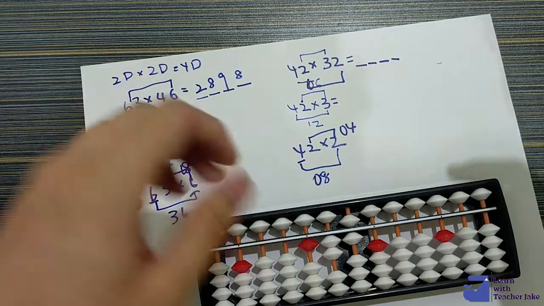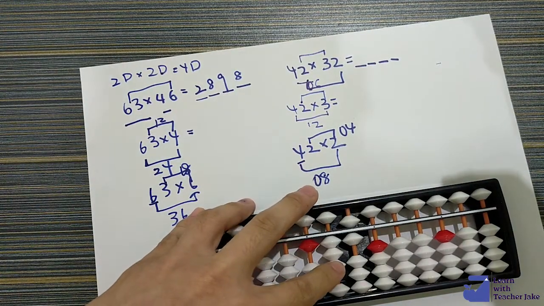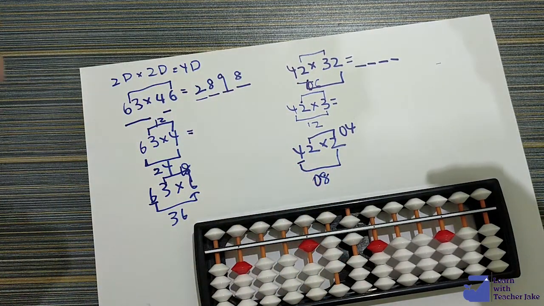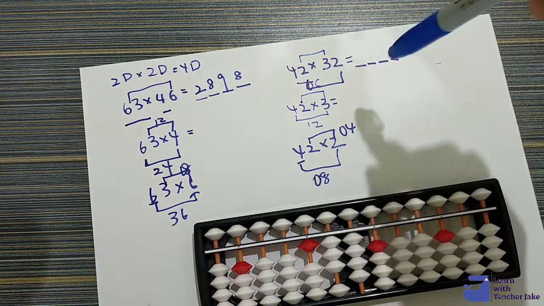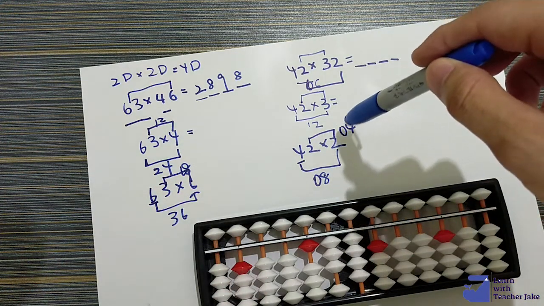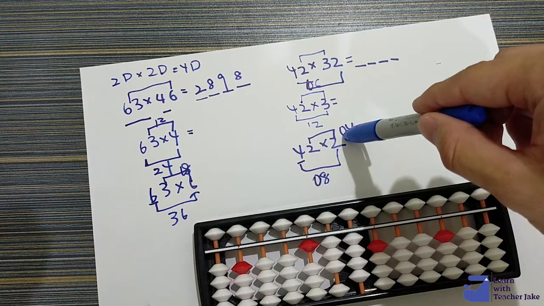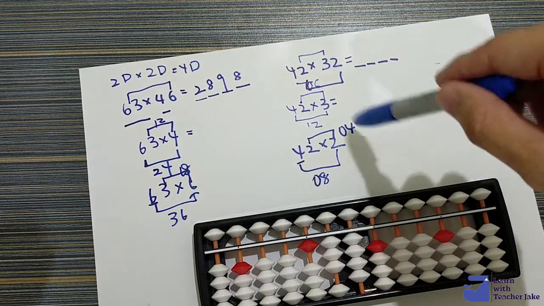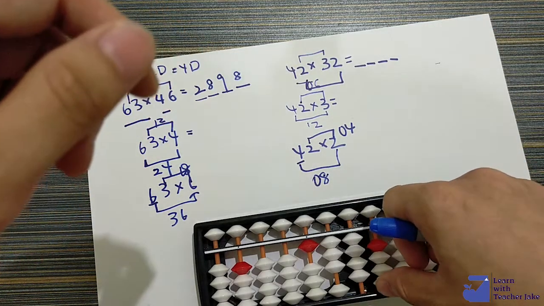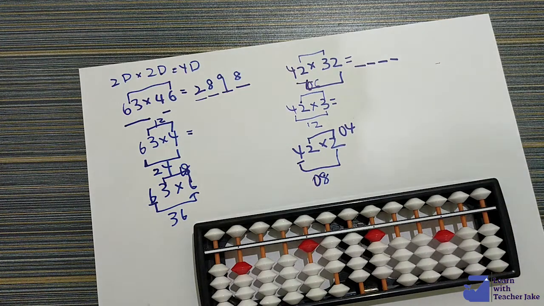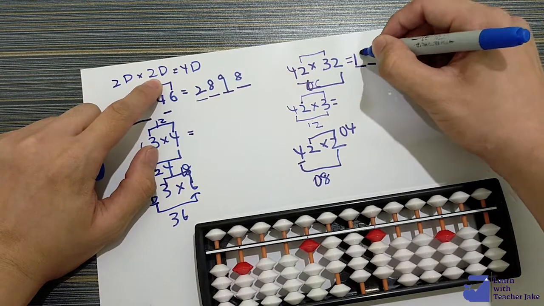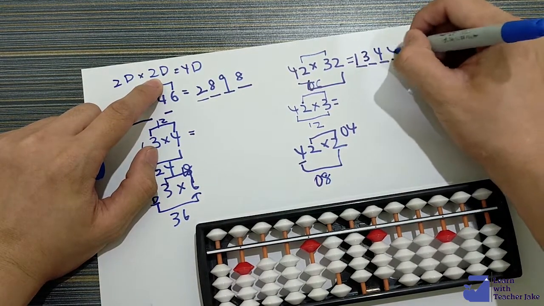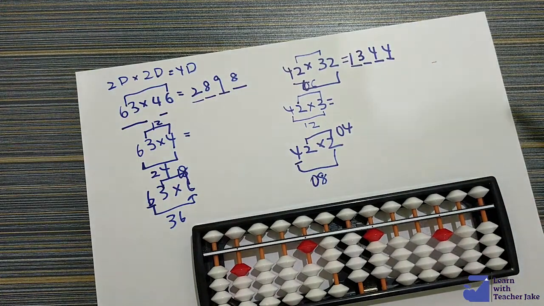So now we are going to invite the boss, which is 10, and we will send back our friend, which is 2. Next, for the value of 4, we are going to skip the 10 column since the value is 0, and we will add 4 at the unit column. So the multiples of 42 and 32 is 1344.